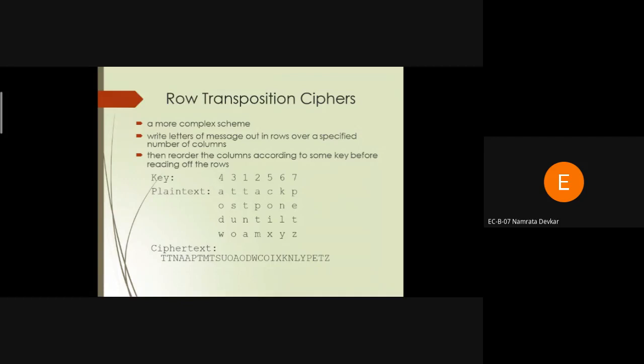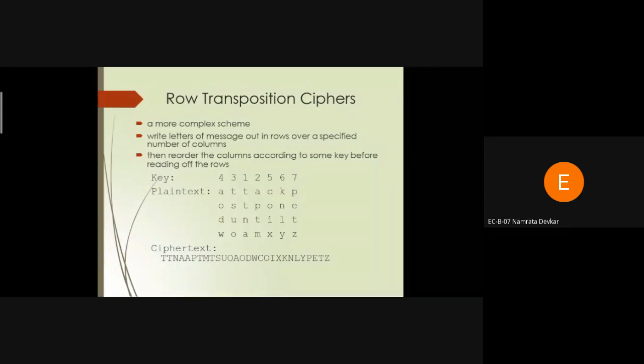Now how do we encrypt this particular message? For that, we have to consider the numbers from 1 to the last. First we consider the number 1, then 2, then 3. We have to consider all the numbers in proper sequence.